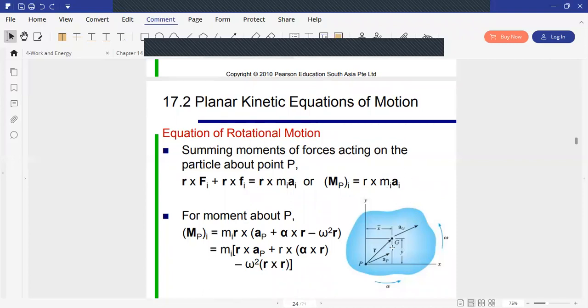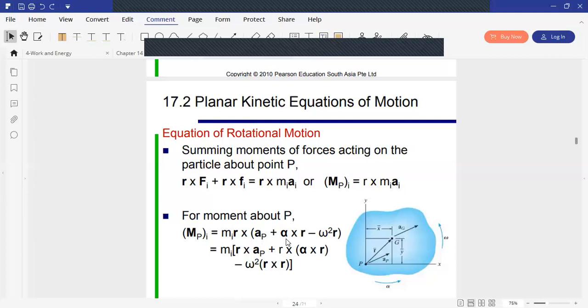We know that point i and P are 2 points on one rigid body. For 2 points on one rigid body, I can relate their accelerations by the following relation: acceleration of point i is the acceleration of point P plus alpha vectorial r minus omega squared r.